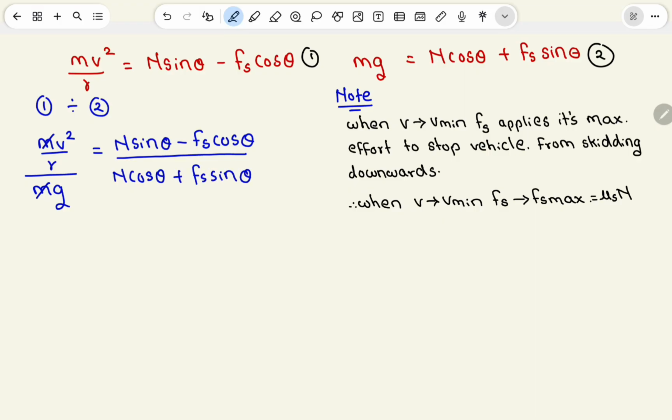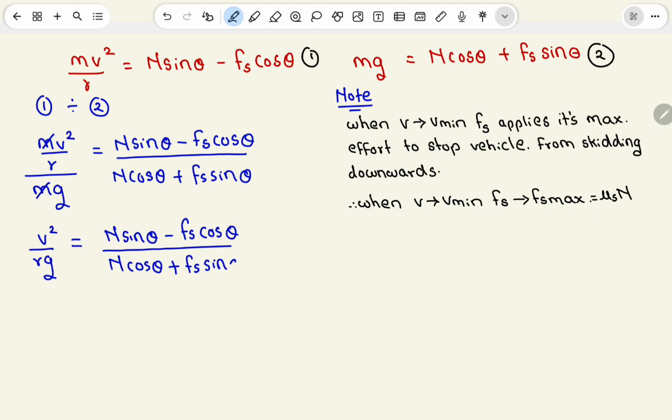M and M get cancelled, and we have V square upon Rg is equal to N sine theta minus Fs cos theta upon N cos theta plus Fs sine theta.